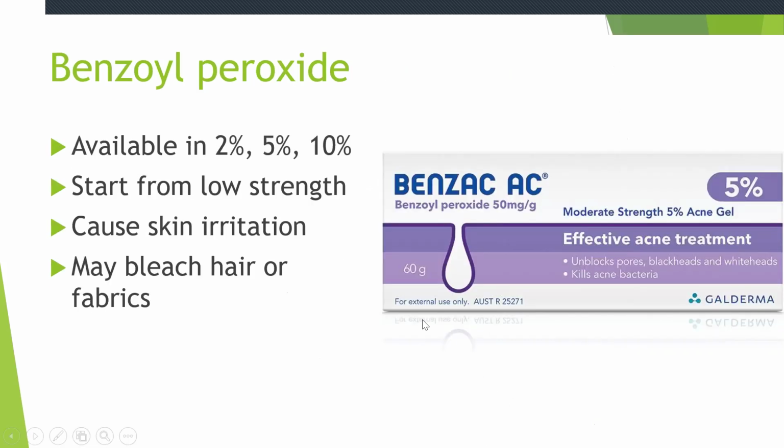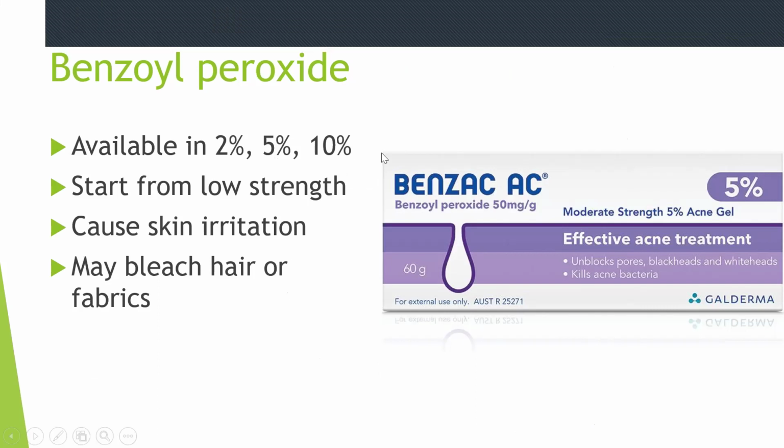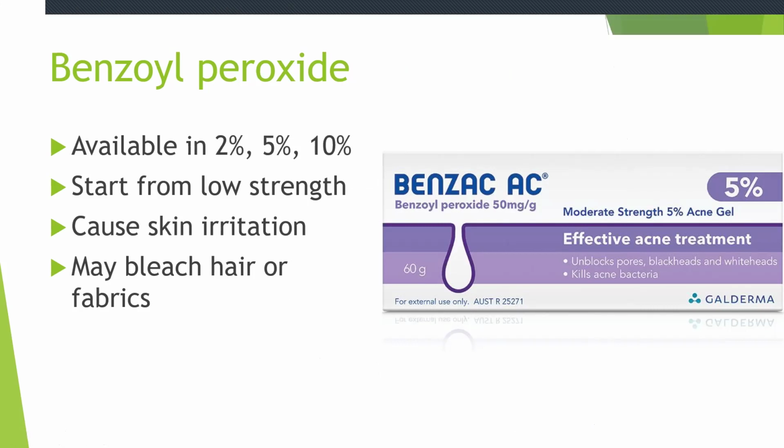So this is benzoyl peroxide, 它是一种 peroxide，就是所谓的过氧化物，就类似像双氧水的这种东西。Okay, so normally over the counter it comes in 2%, 5%, or 10%. When you recommend any product like this, you have to tell them to start with a lower strength because the patient's skin tends to be sensitive when they first use this type of cream.